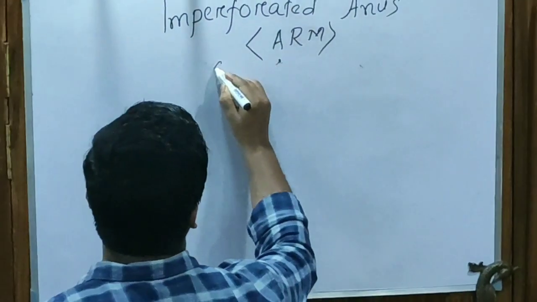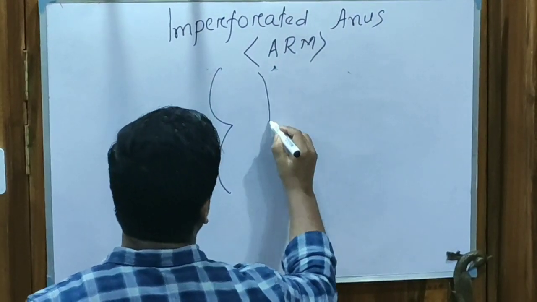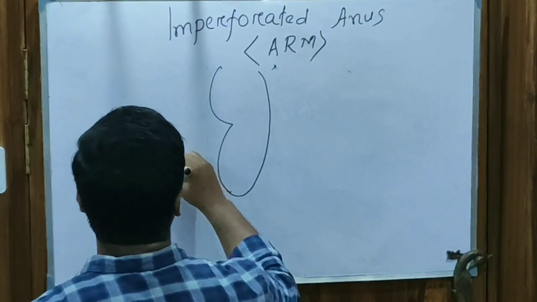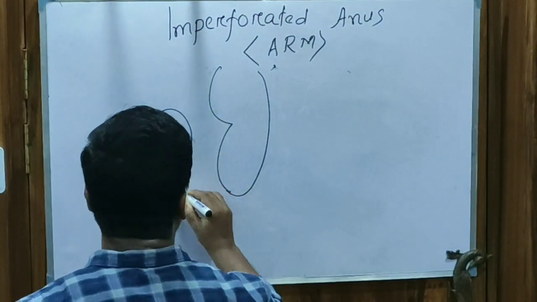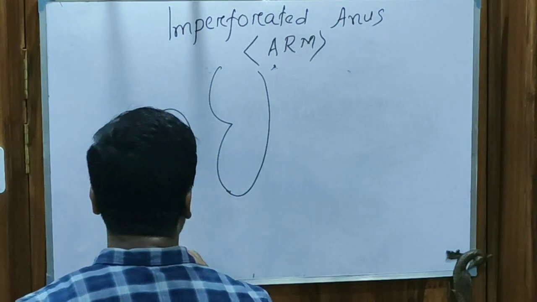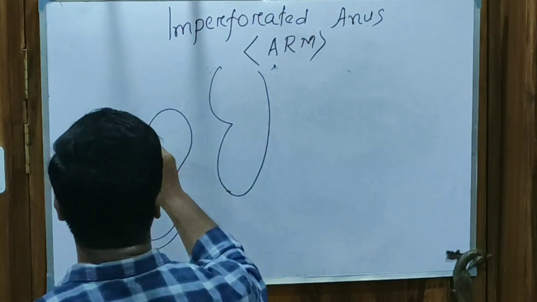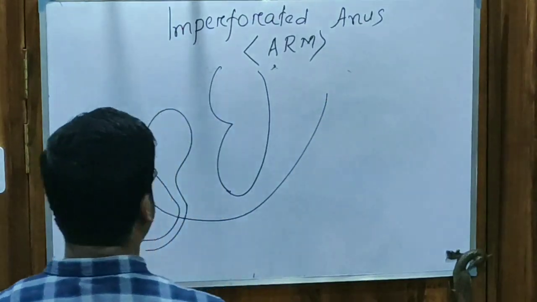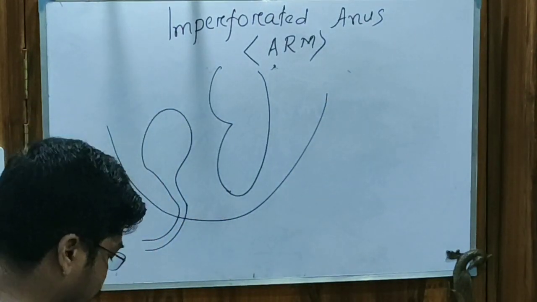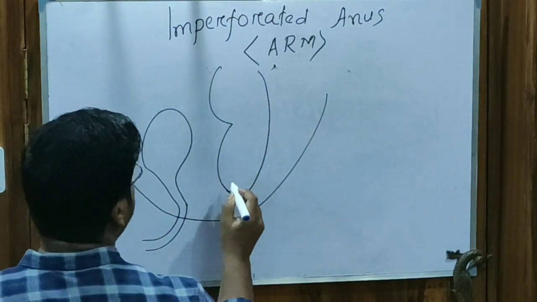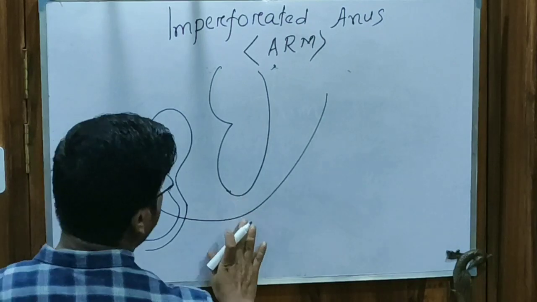Number 1. So this is the blind rectum. This is the urinary bladder. In a male person, the rectum may have absolutely no sinus formation.